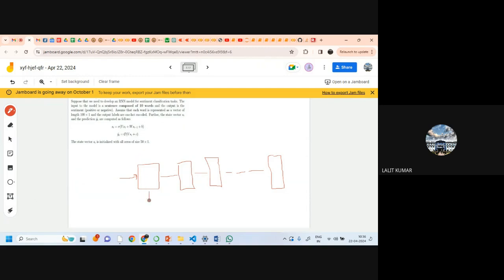And this is one word we are giving. The output is sentiment. Assume that each word is 100 x 1, so its size is 100 x 1. Output labels are one hot encoded. So it's a sentiment classification, so outputs are 2.